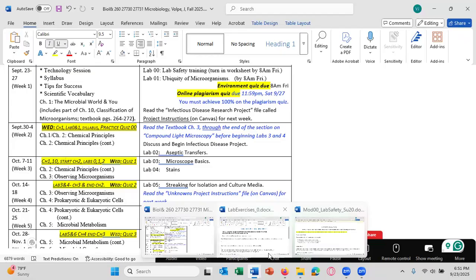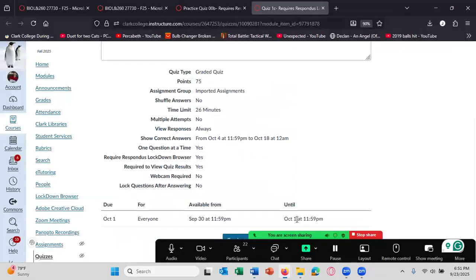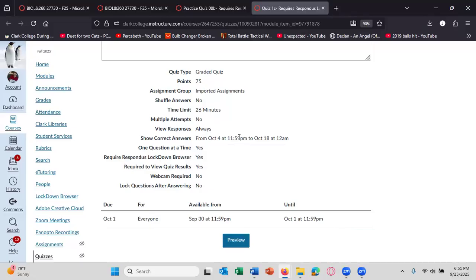When I moved it over from last term, it looks like it took the wrong weeks for the quizzes. So I'm going to have to adjust all the dates of the quizzes, except for obviously this week's quizzes, which are right. Almost all the quizzes have the wrong dates.